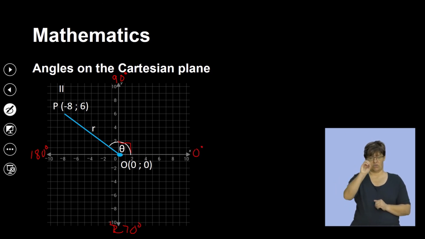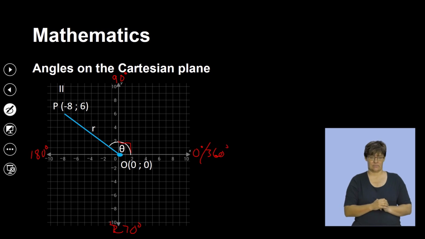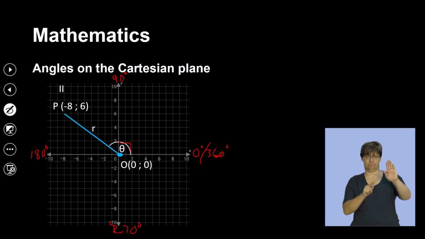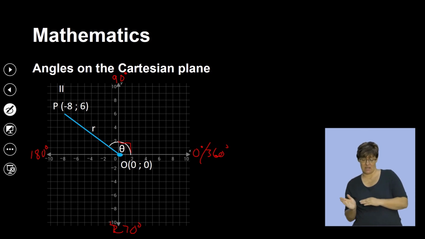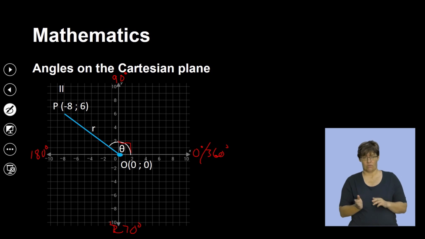This is 0, and also my 360 degrees. So between 90 and 180, it will be in quadrant 2. Remember, I will keep emphasizing, we start on the positive x-axis and we move in an anti-clockwise direction when we measure angles.